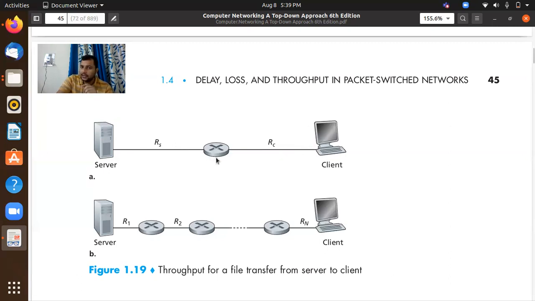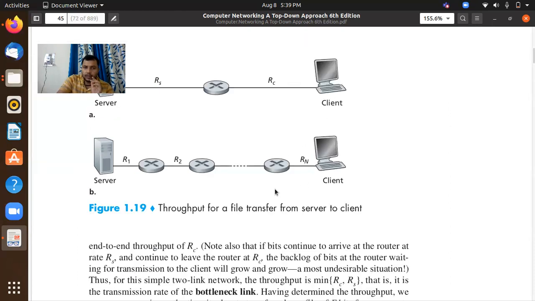Obviously, in order not to accumulate so many packets inside the buffer at intermediate nodes, because then packet loss will be a serious concern, the server and client will adjust the flow to avoid packet losses. So RS though is 5 Mbps, but the server will push the bits over the wire at the speed of 1 Mbps, so that there will be a match with RC. Same way here also, R1, R2 until Rn.